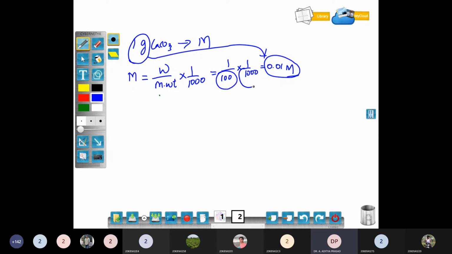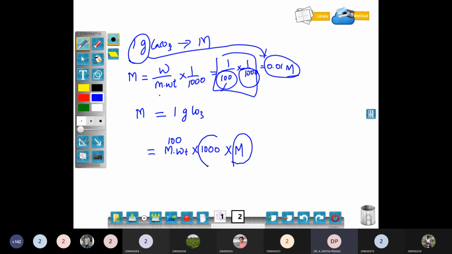In this case, see, 100 and 1000 are in the form of division. If I want to convert molarity into 1 gram of calcium carbonate, what will I do? Here it is in the form of division, so here I will multiply: molarity into 1000 into 100, the molecular weight being 100.